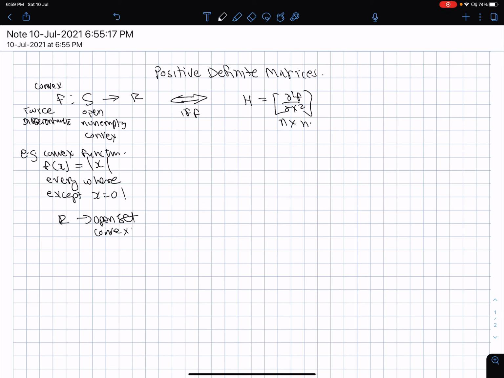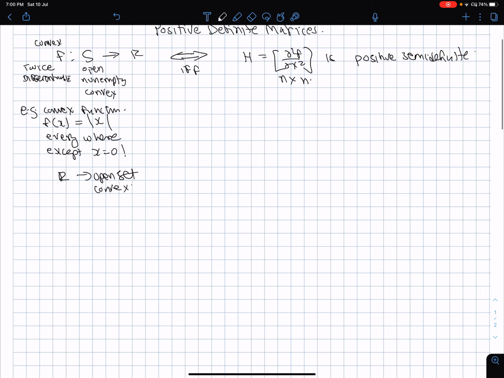Therefore, a matrix way of checking convexity is to check whether the Hessian matrix is positive definite, or rather positive semi-definite.